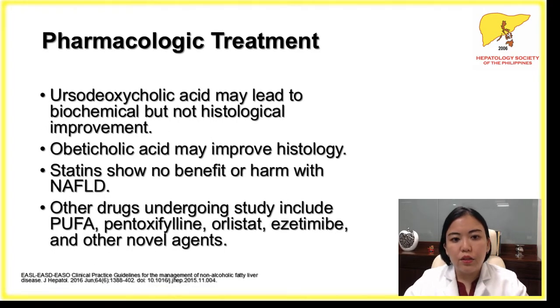Trials with ursodeoxycholic acid showed biochemical improvement without histological improvement. Obeticholic acid may lead to histologic improvement in non-cirrhotic NASH patients, but these data are preliminary. Statins have shown neither benefit nor harm with NAFLD. Other agents such as polyunsaturated fatty acids, pentoxifylline, orlistat, and ezetimibe are under study.